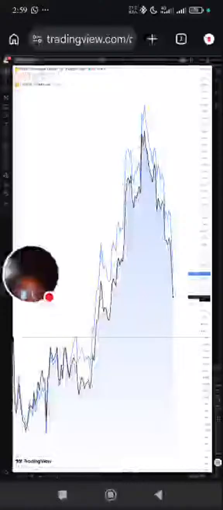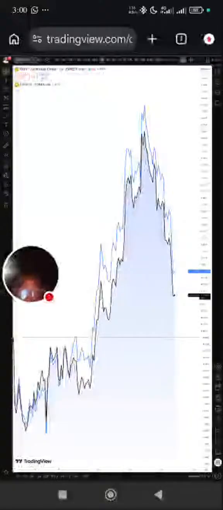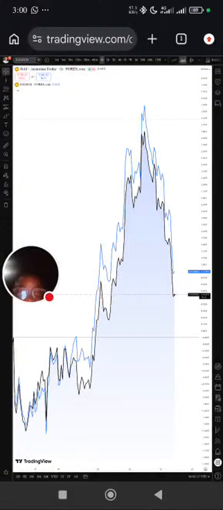By 3 o'clock I posted the alert, and I said the trade is valid for 30 minutes. Now, as long as it's not 3:31 or 3:35, within 30 minutes, you can take the trade.